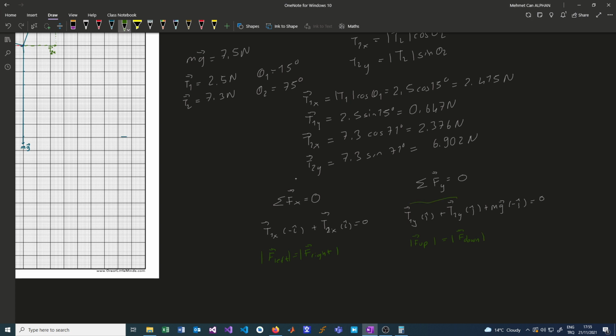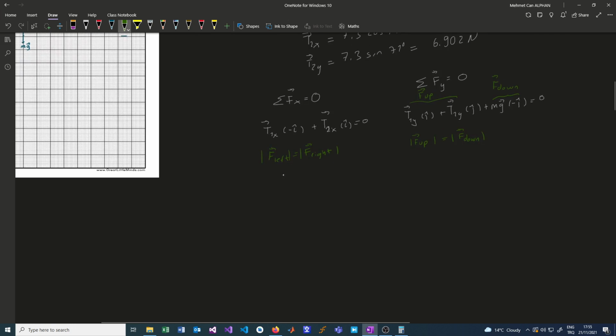So the summation of those two is the pulling up force, and this vector is the F down vector, drawing down. So let's check it.